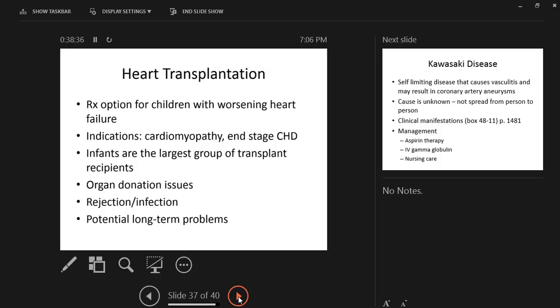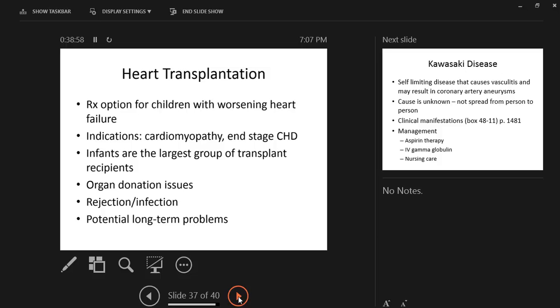They base it on a number of different factors, and there are organ donation issues because there are only about 5,000 heart transplants a year. Infants get the most of those, but more are needed. That's just what is available.